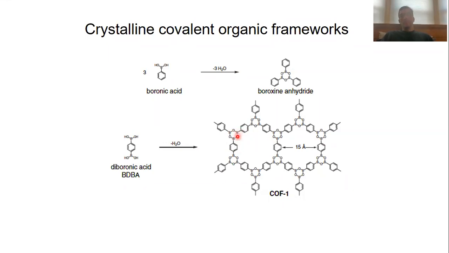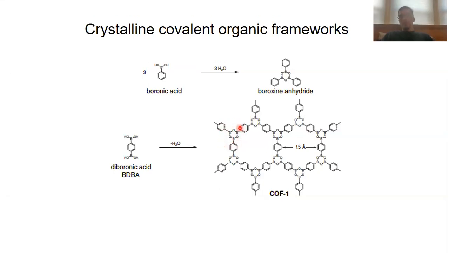But of course, that process is reversible. The boron-oxygen bond can also reform. So through this process, we can achieve a thermodynamically controlled reaction that eventually leads to a crystalline product.